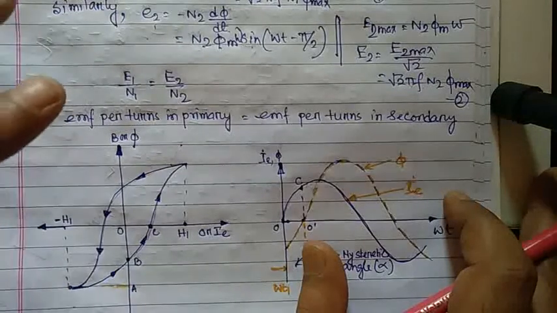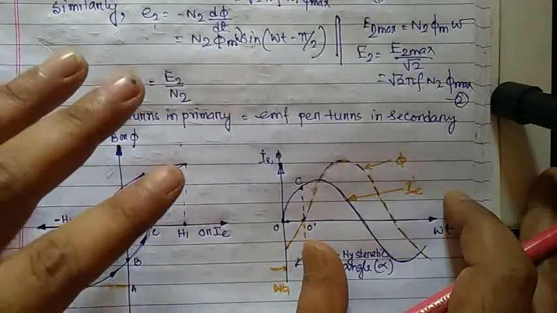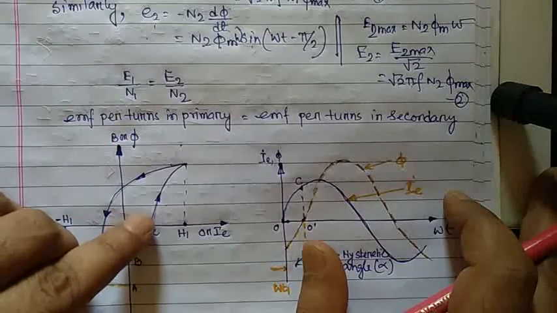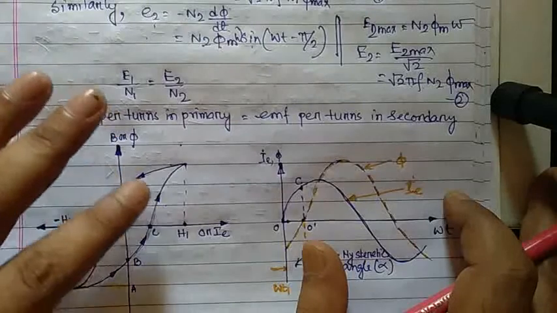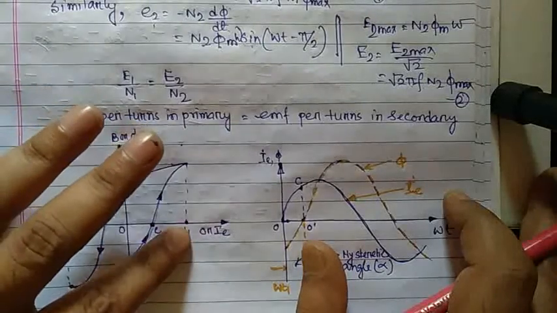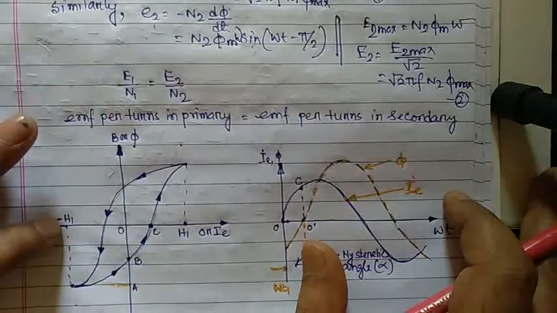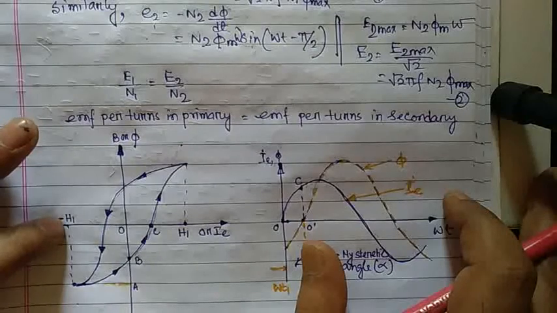As the current is alternating, the magnetic force cyclically varies from positive H1 to negative minus H1.